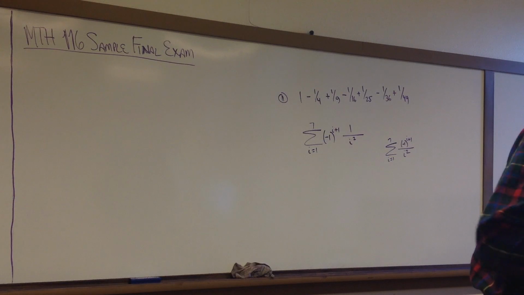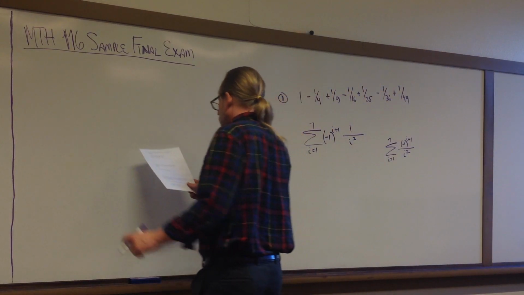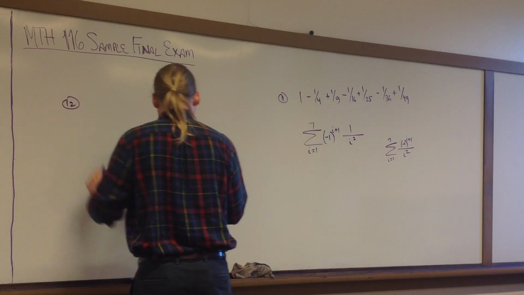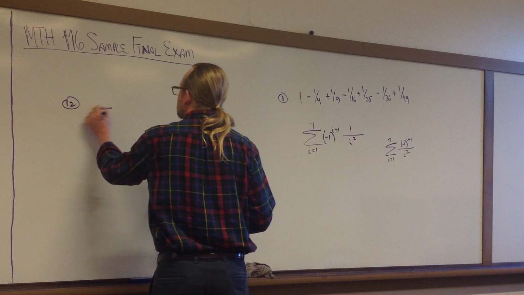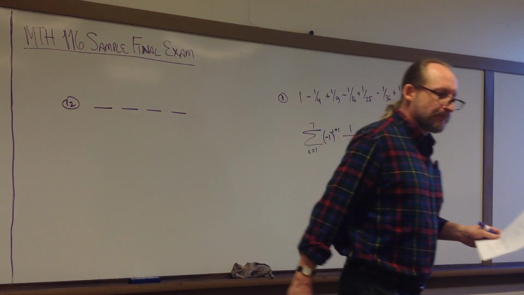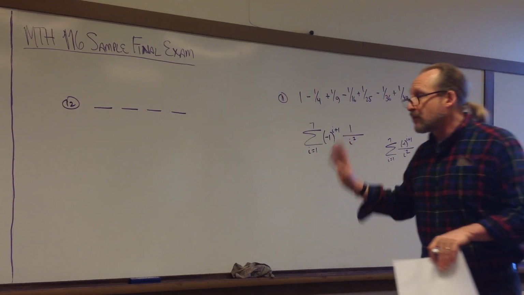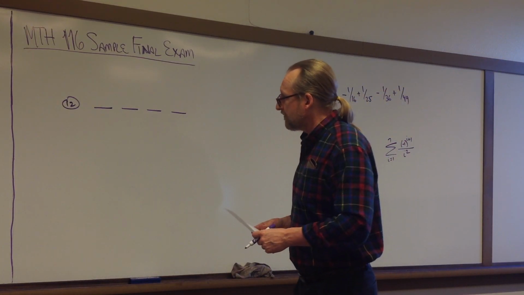Problem 12. We've got 100 tickets sold to 100 different people for a drawing for 4 distinct prizes. That's the key to this problem. Because the prizes are distinct, this is a permutation. Okay? So the order that they're awarded does matter, right?